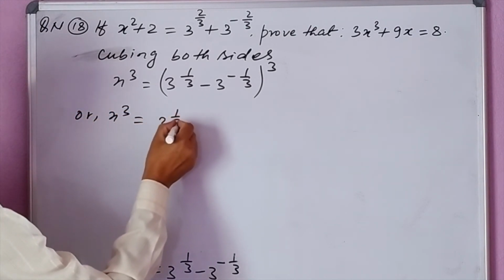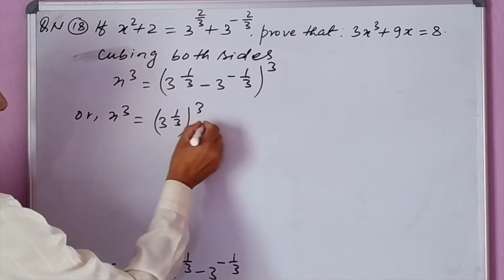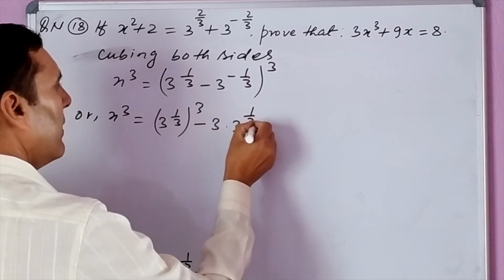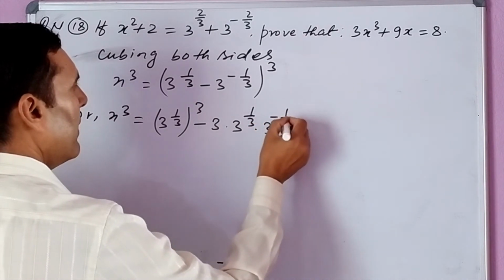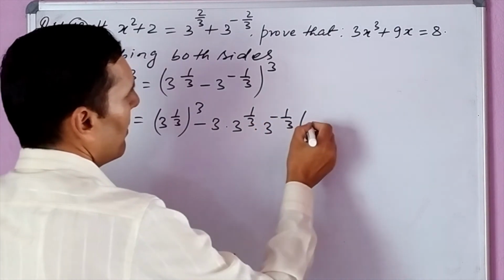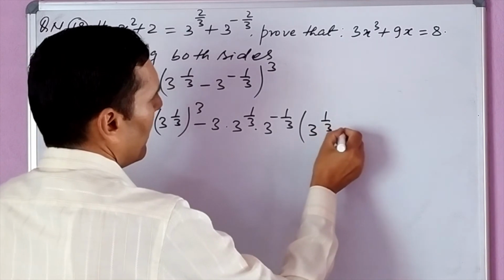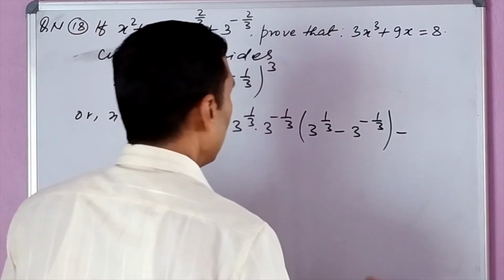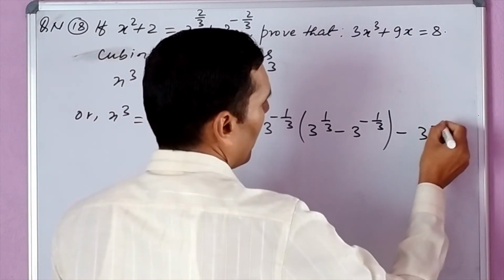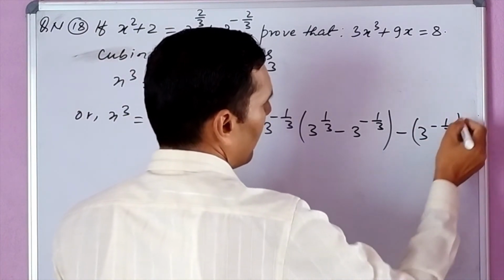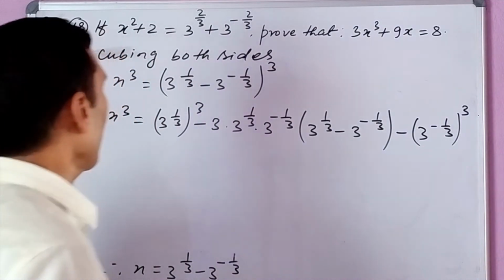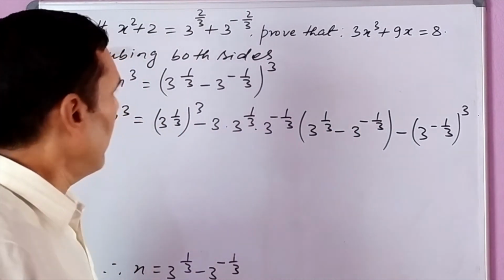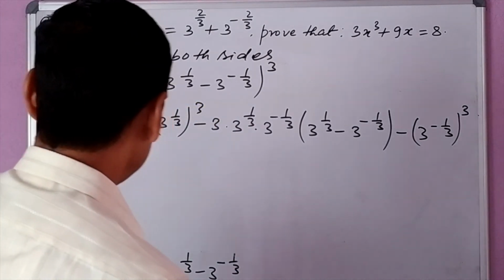A cube minus 3ab, a minus b, this is a minus b, 3 to the power minus 1 by 3 minus b cube, 3 to the power minus 1 by 3 whole cube. A cube minus 3ab, a minus b minus b cube. This is the expansion by using the formula of a minus b whole cube.